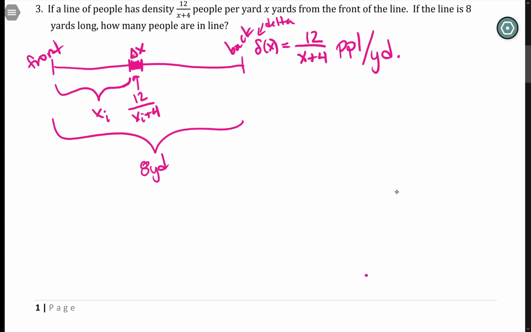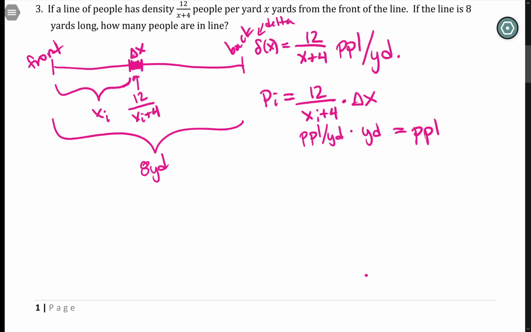So if we want to figure out the total number of people in that little tiny slice of line, I'm going to call this p sub i, we would take the density, 12 over x sub i plus 4 people per yard, and we would multiply it by the length of the line in yards. People per yard times yards.